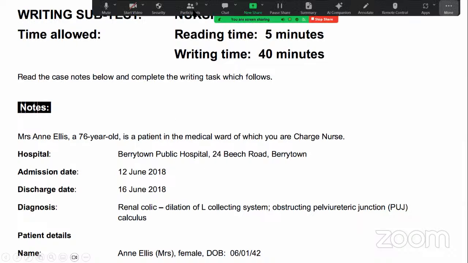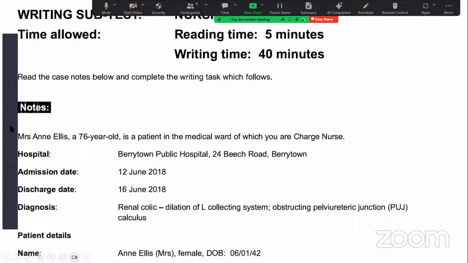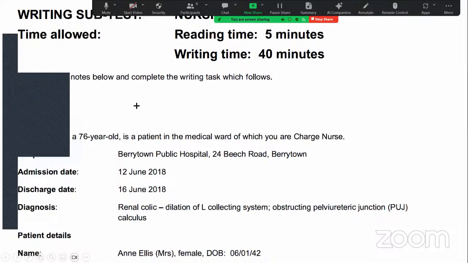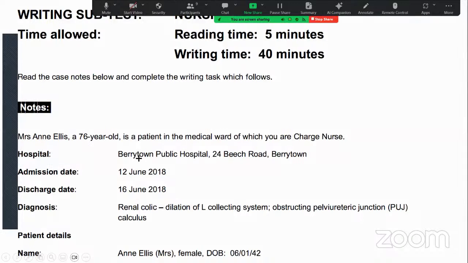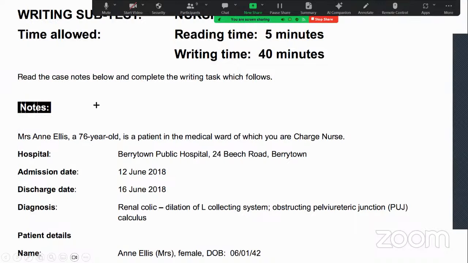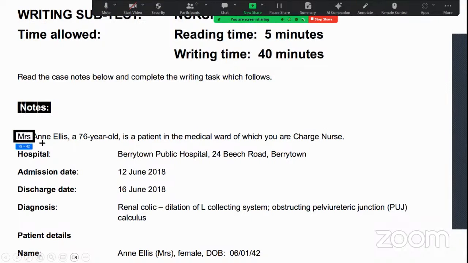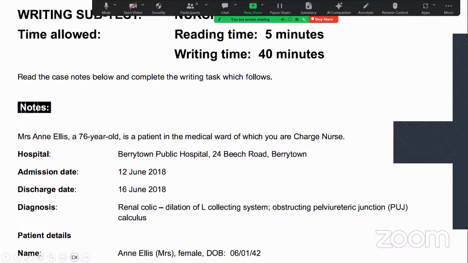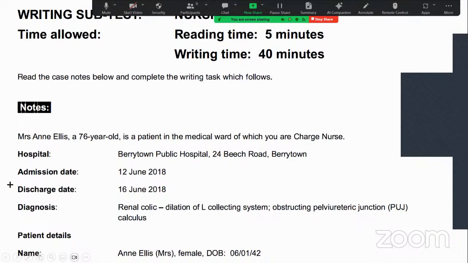What are the important things you should notice here? The most important things in here are, so Mrs. Annie Ellis is the name of the patient.